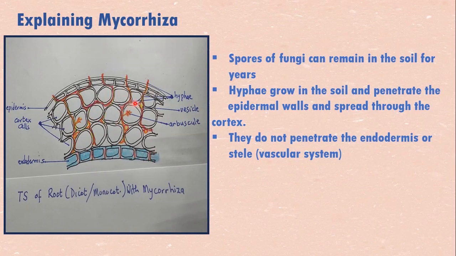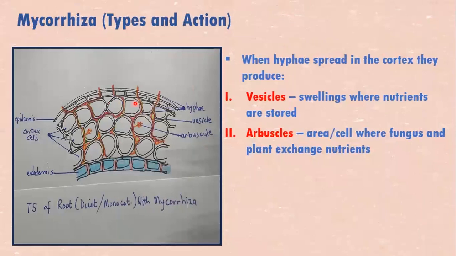We will see how it does it. But here we are. When the hyphae penetrate the epidermis and get into the cortex, the hyphae form a structure called a vesicle. It forms an area, a tube-like structure, where it can store its nutrients.